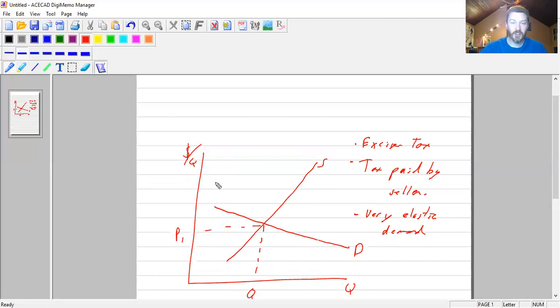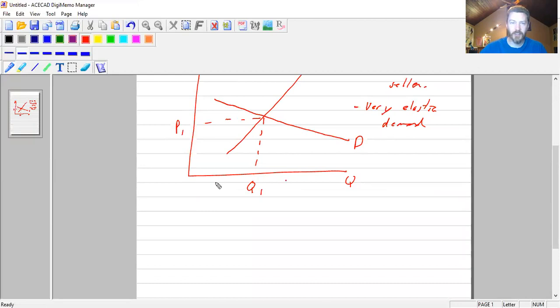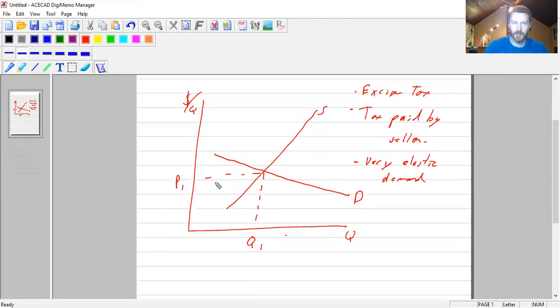So here's our initial starting point. There's quantity 1, there's price 1. That's where we start out. So we're going to say the tax is paid by the seller. The supply curve will increase by the amount of the tax. Supply with the tax.